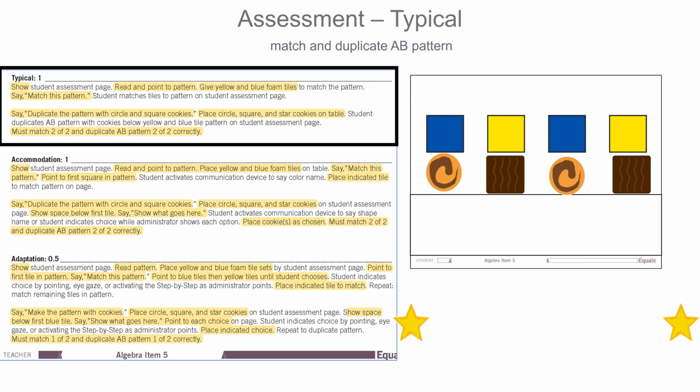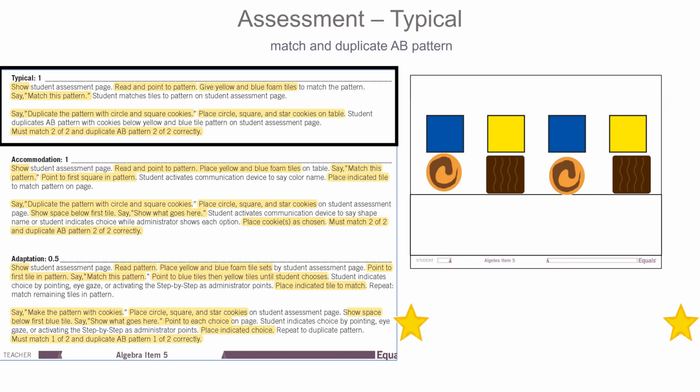Now, we also had star cookies out, and often we get this question, so I'm going to mention that. The star cookies are there, and if the student uses them, what happens? Well, if I say, duplicate the pattern with circle and square cookies, that's what I would expect to see.